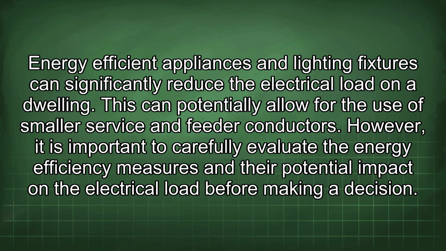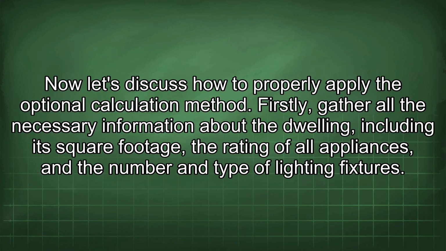However, it is important to carefully evaluate the energy efficiency measures and their potential impact on the electrical load before making a decision. Now let's discuss how to properly apply the optional calculation method. Firstly, gather all the necessary information about the dwelling, including its square footage, the rating of all appliances, and the number and type of lighting fixtures.